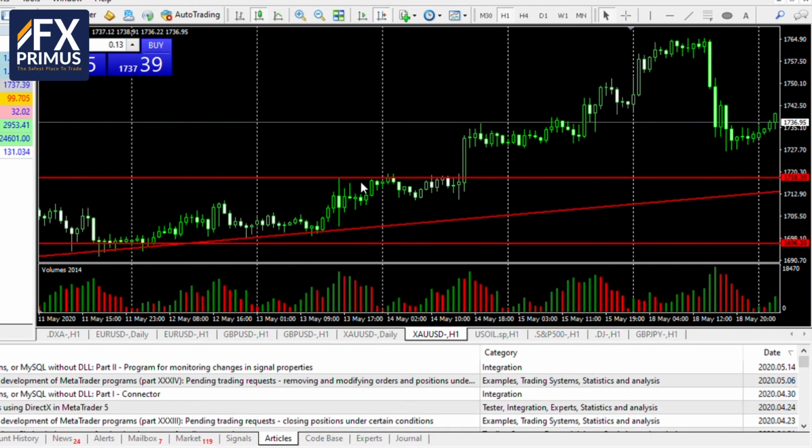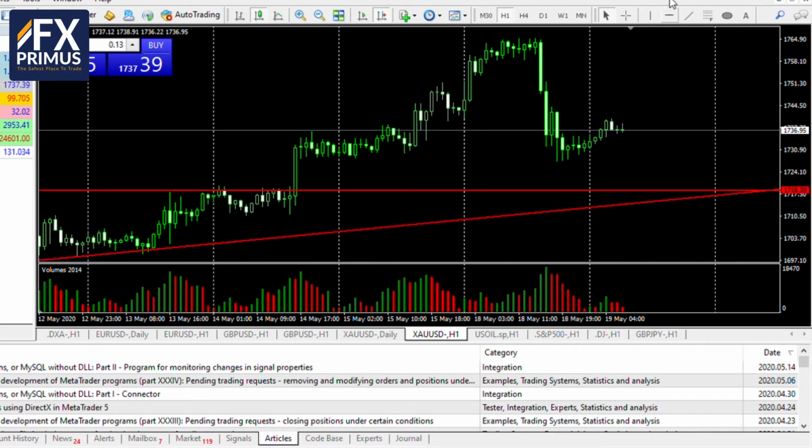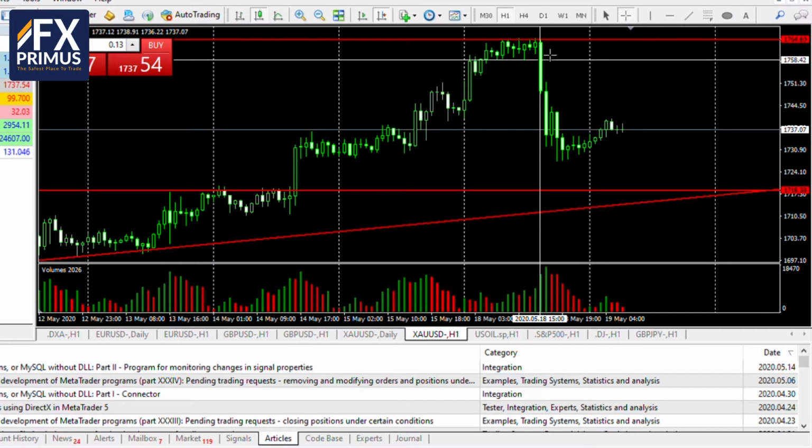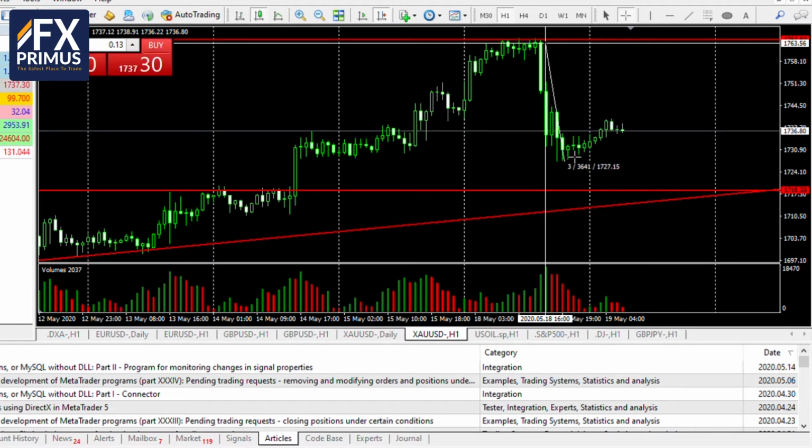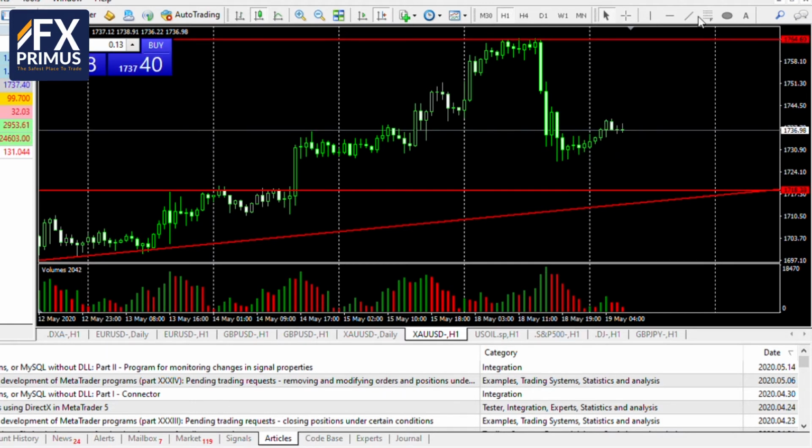And of course, as of yesterday, it touched a high of 1765 at the tip, and towards 1500 plus 5 would be 20, which is 8 p.m. local Singapore time, it comes down from 1763 all the way to a low of 1727. So yeah, this was the most recent trend.